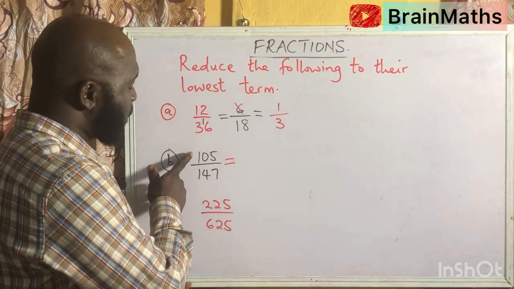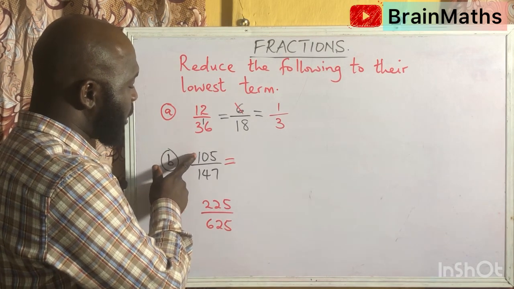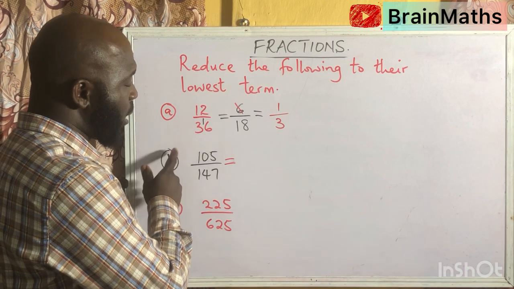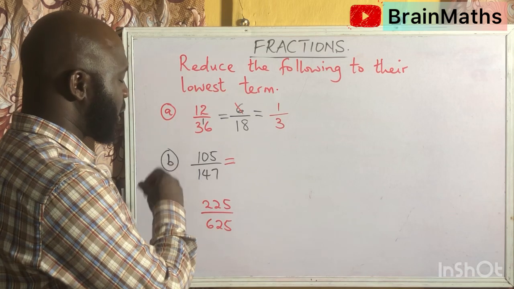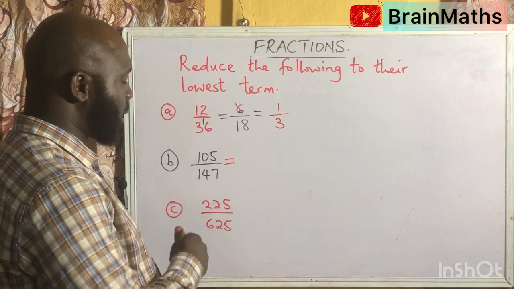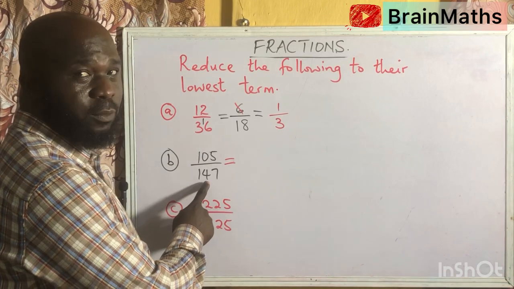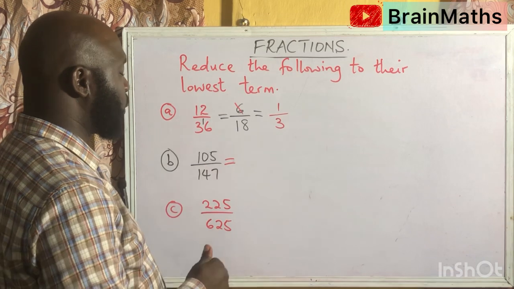If you test 3 with 105, how many 3s in 10? That is 3, remainder 1. If you put the 1 here, it becomes 15. How many 3s can we get in 15? That is 5. Then come to 147. How many 3s can we get in 14? That is 4, remainder 2. How many 3s can we get in 27?